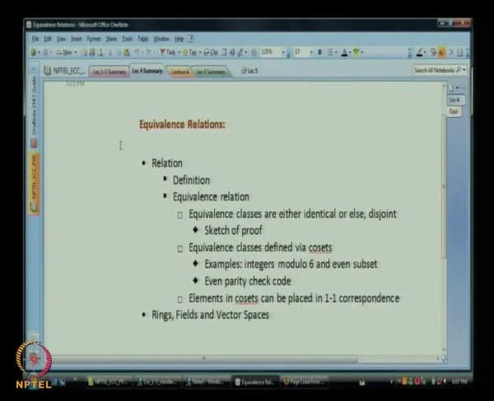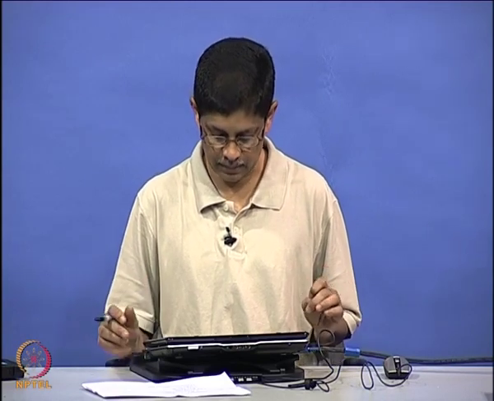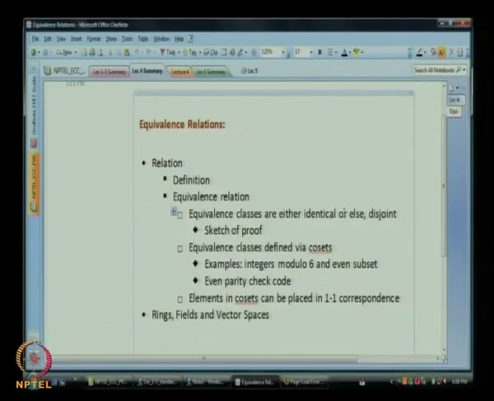We talked about the fact that an equivalence relation, a particular form of relation, has the property that it partitions a set into equivalence classes, meaning that the set is broken into collections of subsets which are disjoint. And then we actually gave an example of an equivalence relationship that arises from the presence of a subgroup within the group. So we looked at such an example, and that is about where we were.